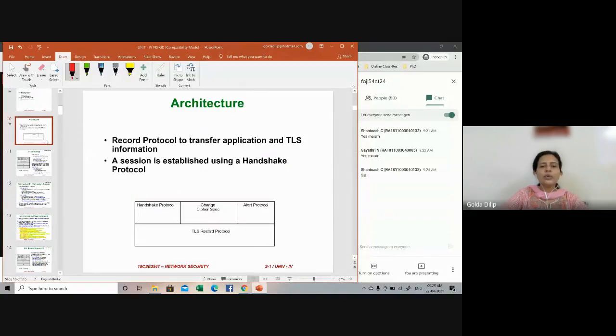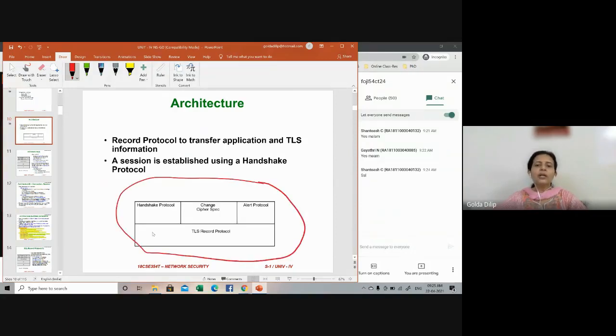Okay, so this is actually the main topic of discussion in this particular unit. So we are all discussing about web security, where SSL plays the major role. SSL and TLS, family of protocols. Okay, so see, we discussed about this handshaking, alerting, and this is what we are discussing right now, change cipher specification protocol.